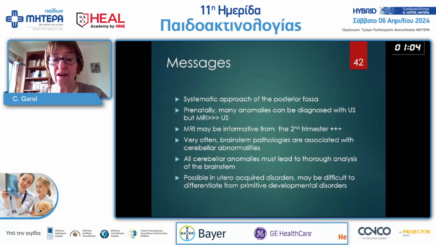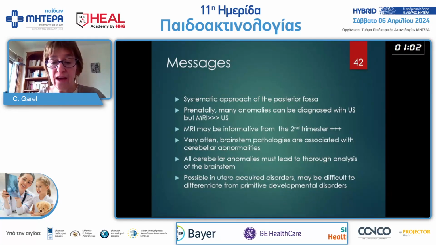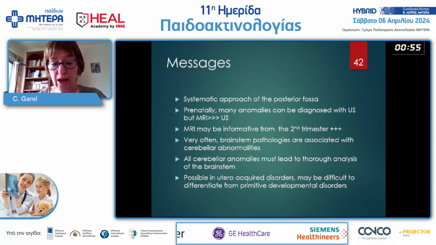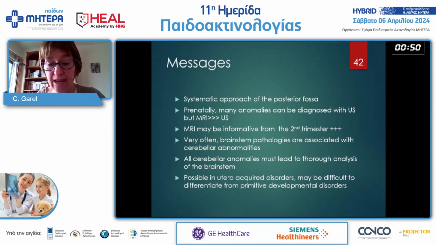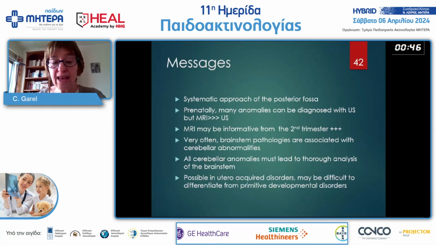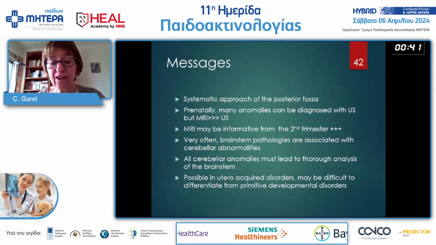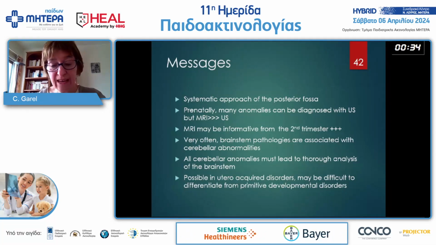So the messages are that the examination of the posterior fossa requires a systematic approach. Prenatally, as you have seen, many anomalies can be diagnosed using ultrasound only. Of course, MRI is more accurate than ultrasound, particularly for the brainstem. And MRI may be informative even in the second trimester of the pregnancy.